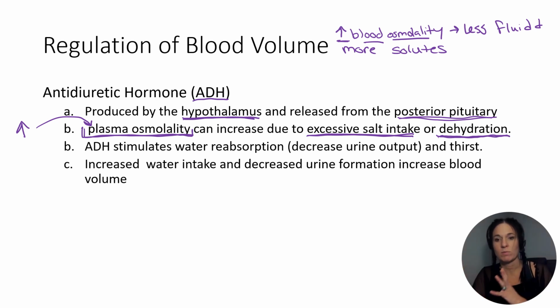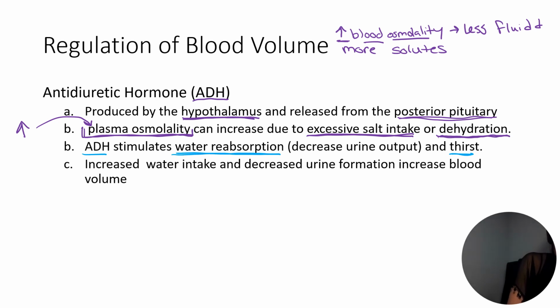And let's see what antidiuretic hormone, or the hypothalamus, is going to do. The hypothalamus can stimulate thirst, so now we're going to consume more water. Antidiuretic hormone is going to stimulate water reabsorption, so we're pulling more water back into the body that would have been released as urine. So we're decreasing urine output.